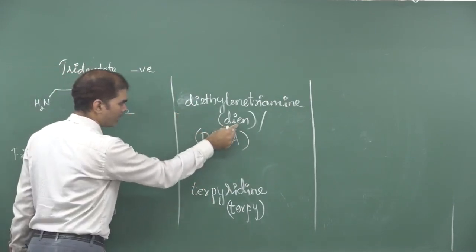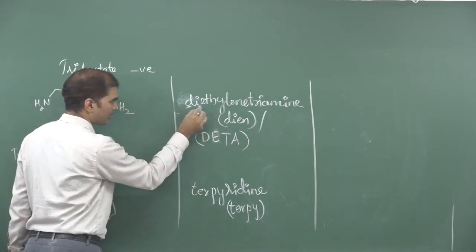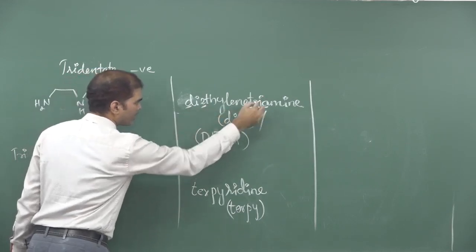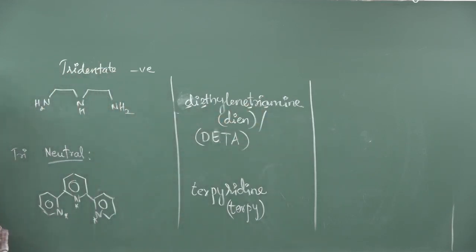It is abbreviated as DIEN, or you can also call it DETA.